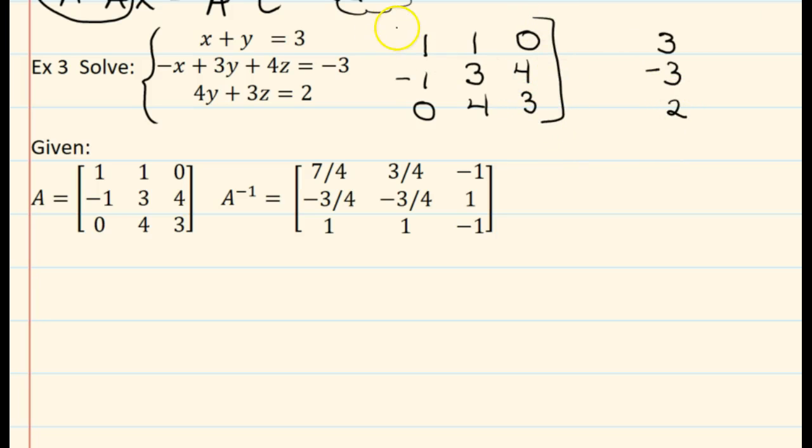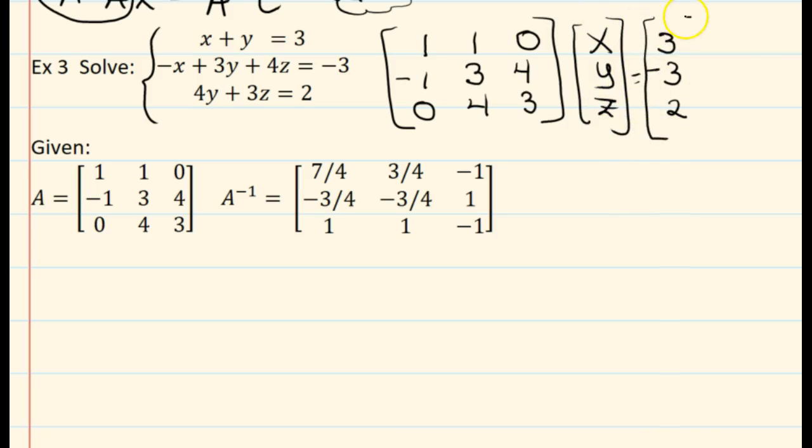So notice I am writing my system of equations like this, that if I had x, y, and z and multiplied it times my coefficient matrix, then I would have the same thing with my answer column. Notice this is matrix A, and I also give you the inverse.